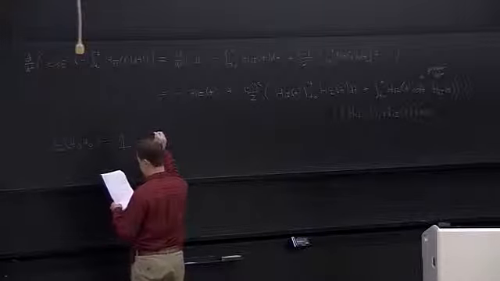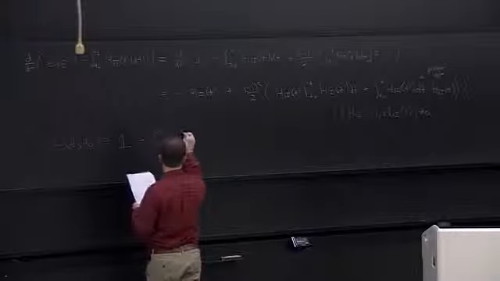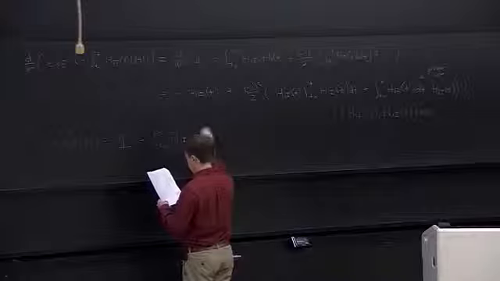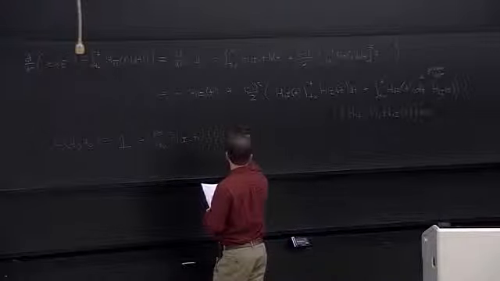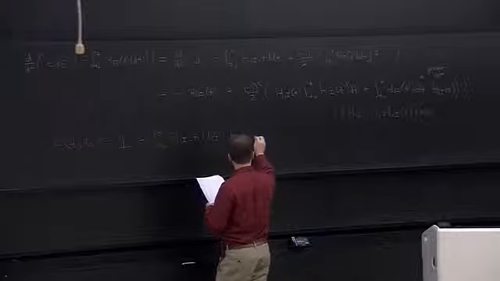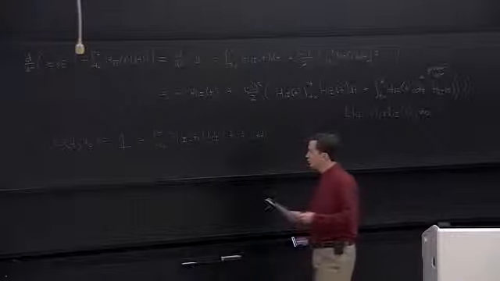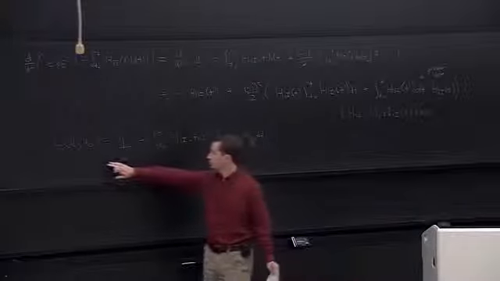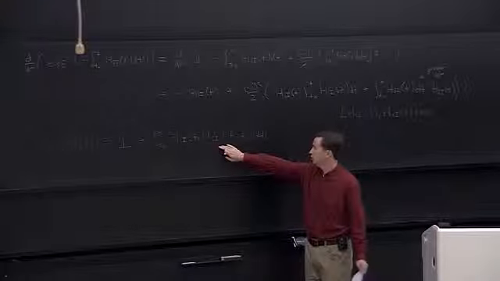Then minus i integral from t naught to t of H_I of t1 times U_I of t1 and t naught, dt1. Okay, so if we directly integrate it, we still have the U_I on the right-hand side.